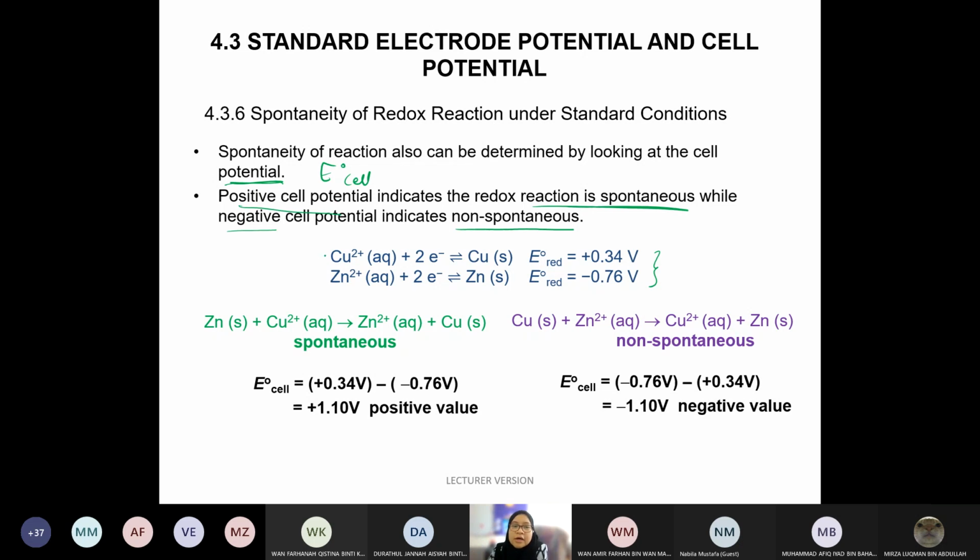Okay, so based on the equation, based on the SRP value here, you could say that this will tend to undergo oxidation, or will become the anode. This will undergo reduction because the value is positive.